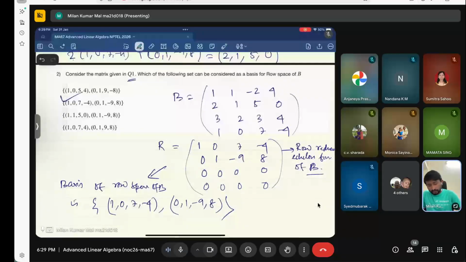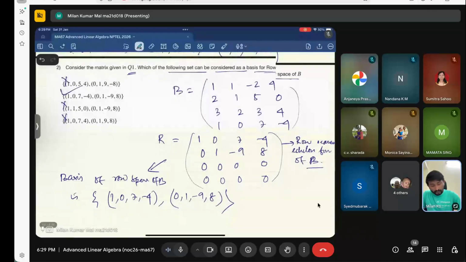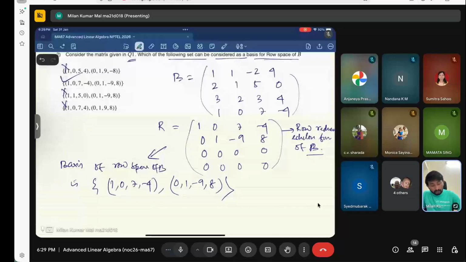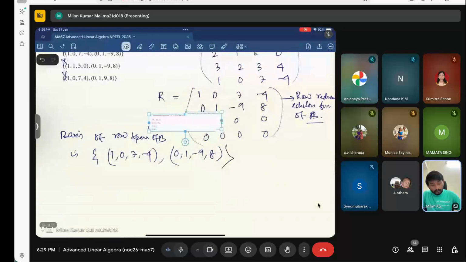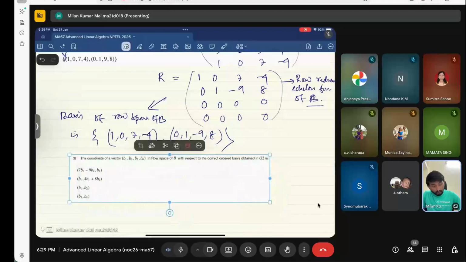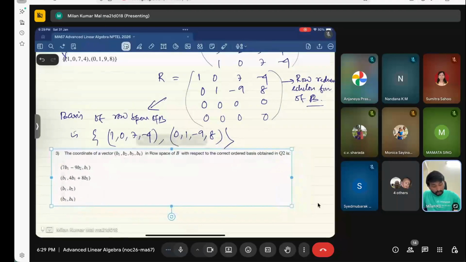Okay. So these are not the options. So the following set can be considered as a basis of row space of B. So this is very easy right now. And if you have any doubt regarding this problem, the previous problem, or any other problem in this course, even any problem from the previous class I have discussed, you can still ask.